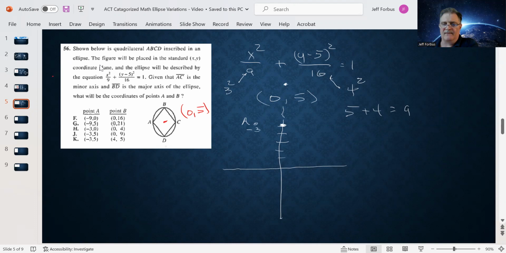And so we're going to have (0, 9), and then (-3, 5). So point A is (-3, 5). B is (0, 9). That's going to be answer choice J.